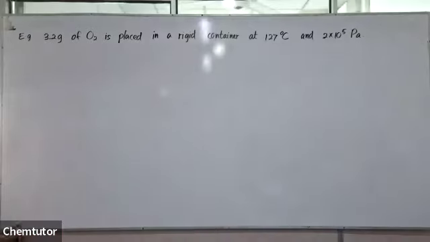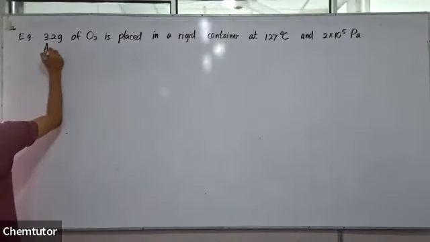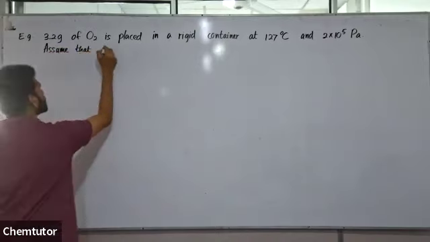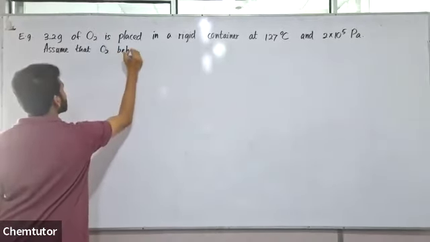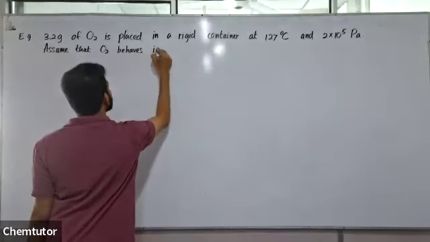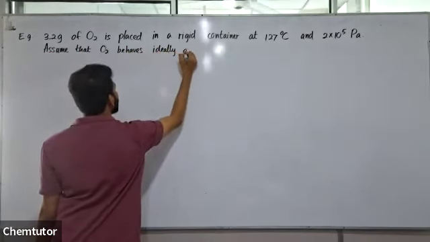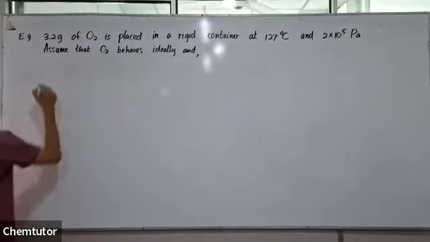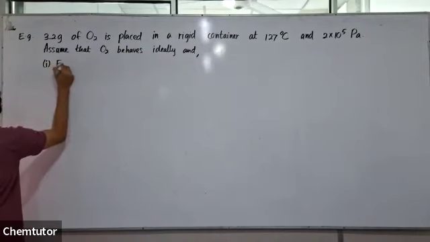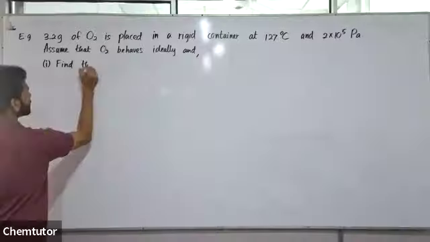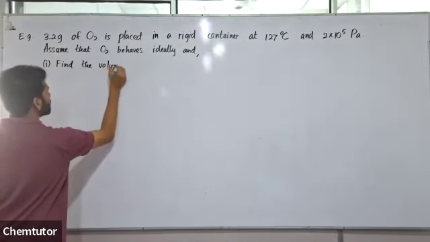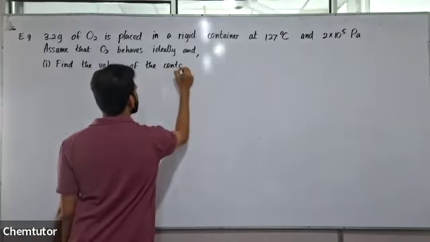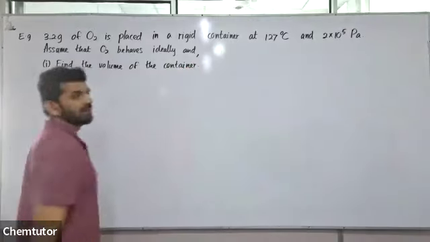Assume that oxygen behaves ideally. Find the volume of the container.